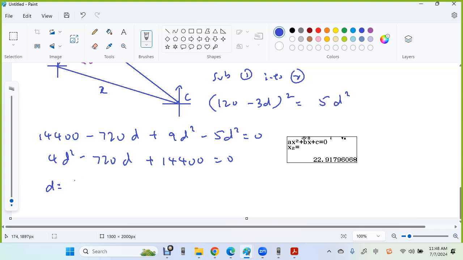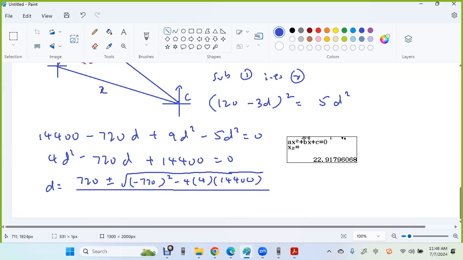So we have 720 plus minus the square root of negative 720 squared minus 4 times 4 times 14400, and then divide by 2a, 24.